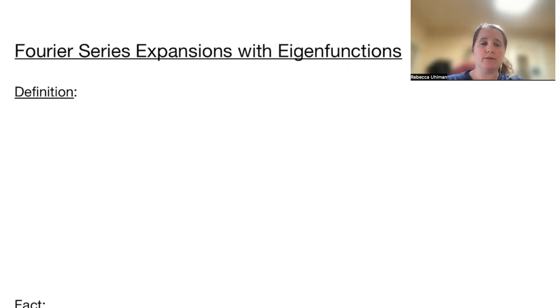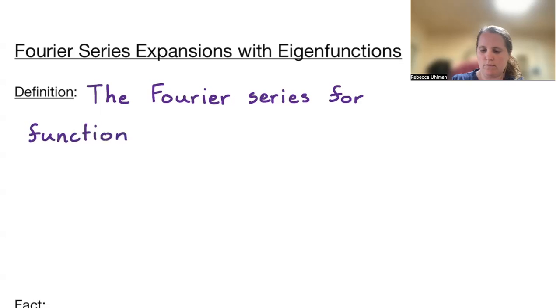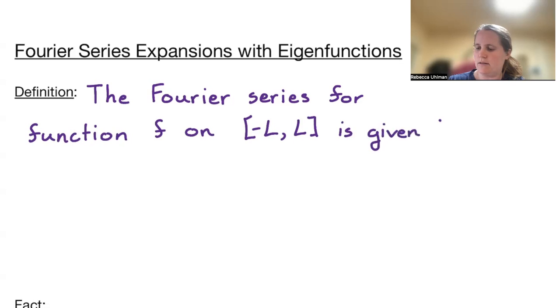So the quick definition, the Fourier series for function f on the interval negative L to L is given by f of x.